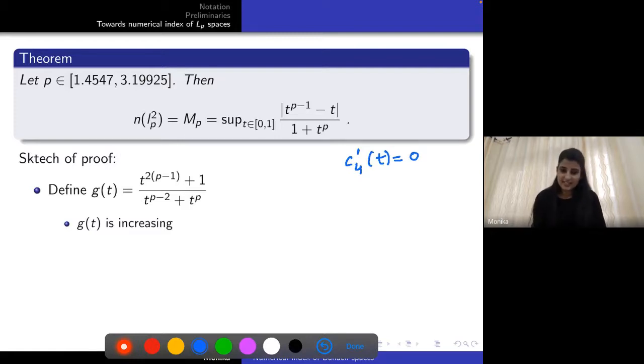So we defined gt as this function, and we observed that this function gt is increasing. And if t tends to 0, this function gt approaches 0. And using this information, we were able to prove that the value of g at the point (p minus 1) power 1 over p minus 1 is greater than p minus 1 for p in the range 1.4547 to 2.